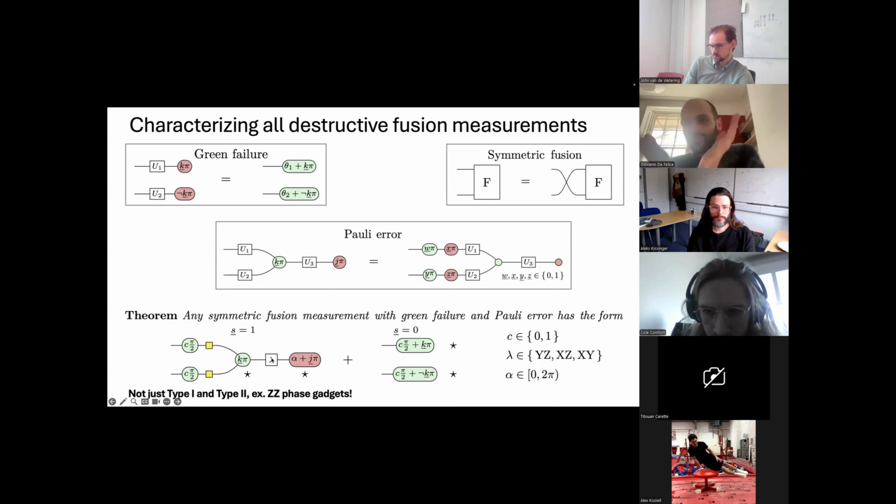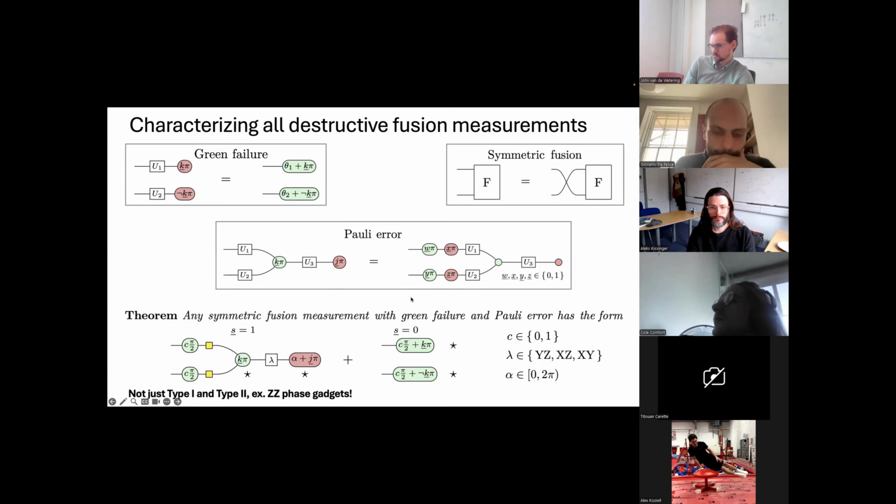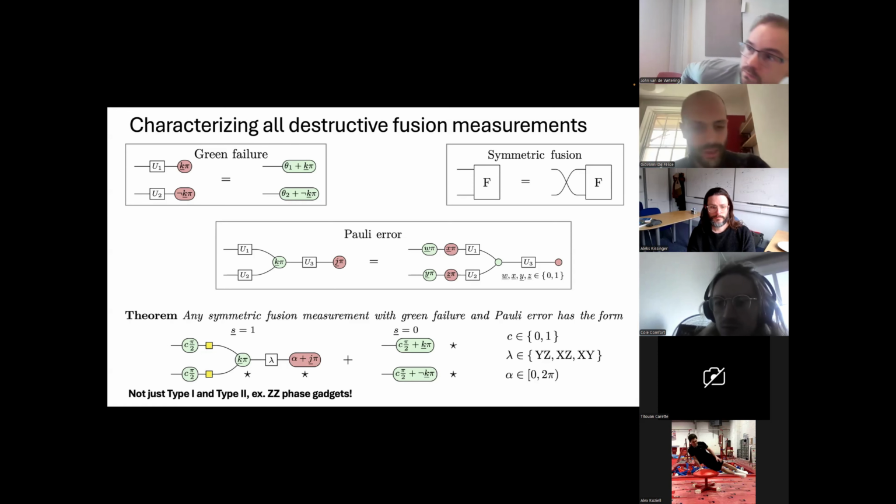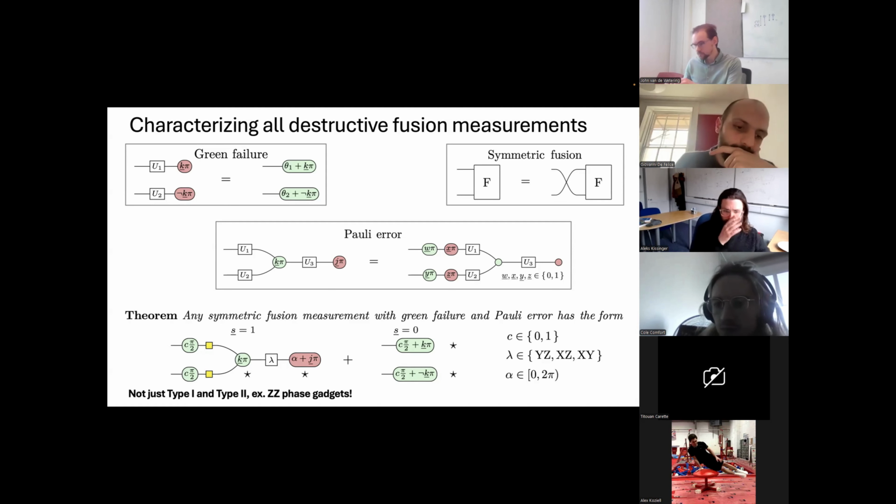You can only measure in those 3 planes for the fusion to have Pauli error. And similarly, in the failure case, we will always get green failure. Note that this is not always a Clifford map, because alpha can be arbitrary. So we can actually use fusions, for instance, to perform phase gadgets and other kinds of diagonal operations in different bases.